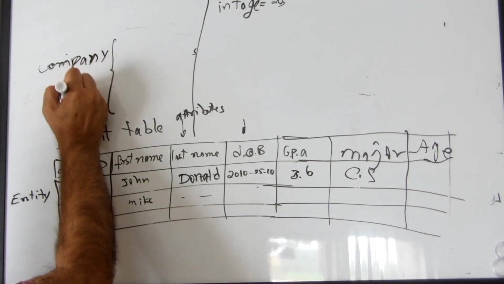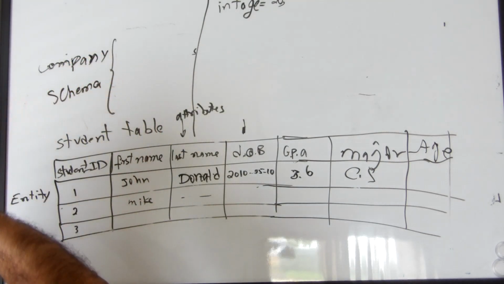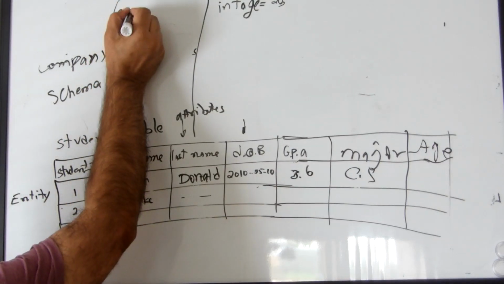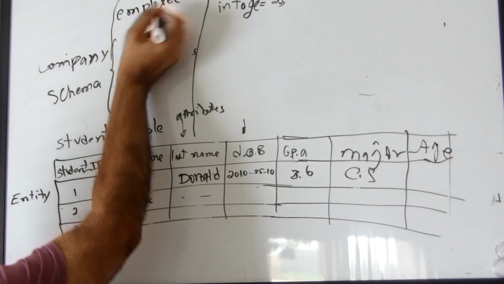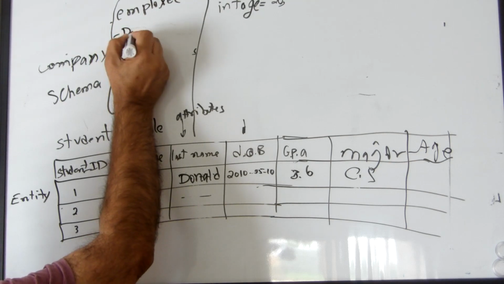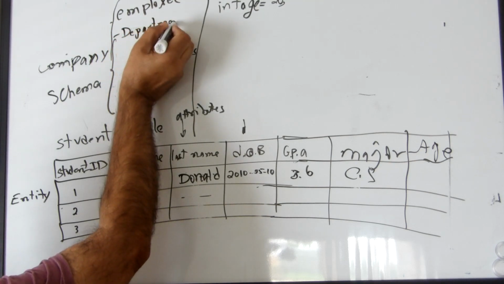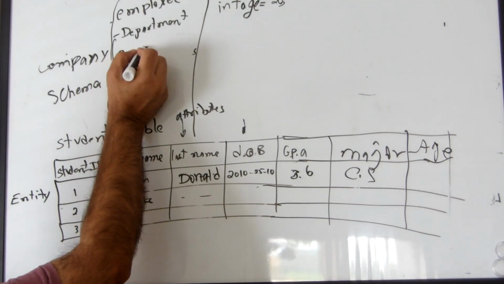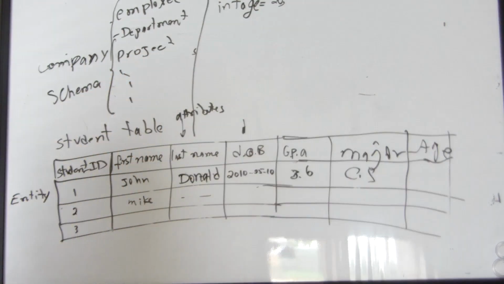What are the tables? What information do you have to put in there? A company has employees, it has departments, they have projects, and so on. So you have the tables here.